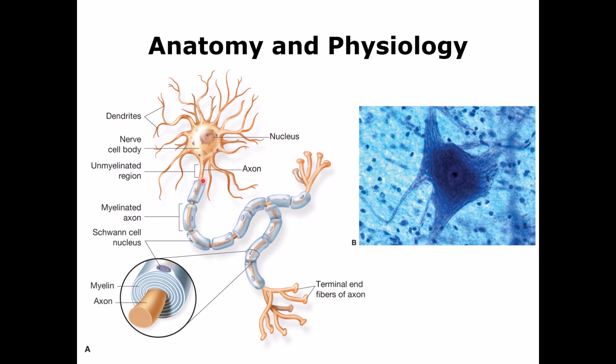And you can see that one axon is covered by multiple of these cells, the Schwann cells or oligodendrocytes. Also, you can see that the axons can branch. It goes to different parts because it can supply different tissue. At the end, these are called the terminal ends.